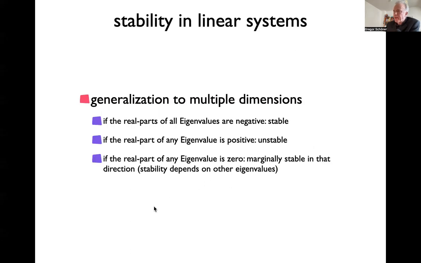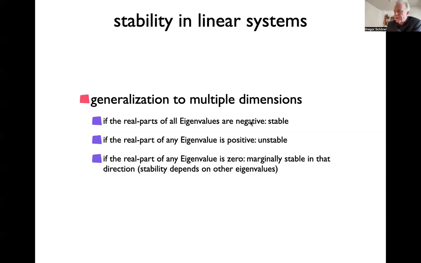So in multiple dimensions, this has to do with eigenvalues. I'm not going to explain that. I'm just connecting to knowledge that some of you might have. I know there's at least one electrical engineer here in the class. You've all learned that in multidimensional linear systems, or vector-valued dynamical systems that are linear, the stability of fixed points is computed from the real parts of the eigenvalues of the linear system matrix.